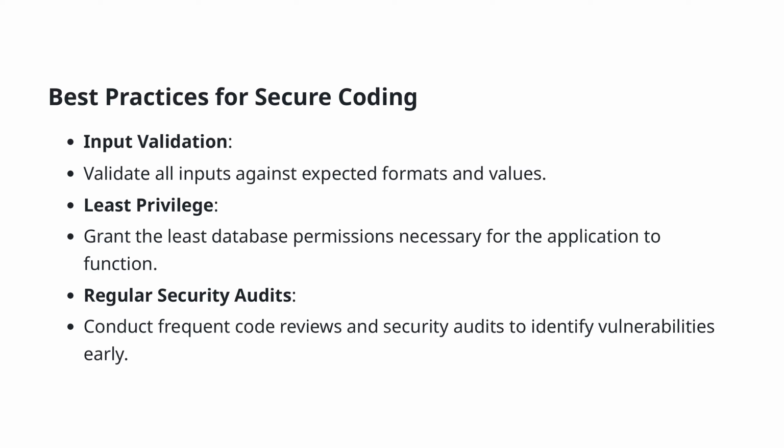This means granting the minimum database permissions necessary for the application to function. This approach helps limit the potential damage an attacker can cause if they do manage to infiltrate your system. Finally, it's essential to conduct regular security audits. Frequent code reviews and security audits help identify vulnerabilities early on, ensuring that potential threats are mitigated before they can be exploited.